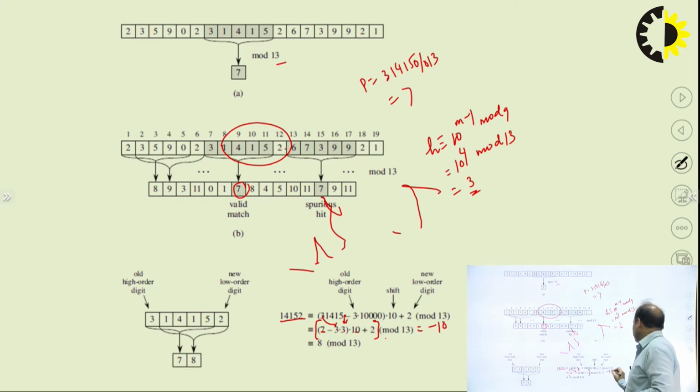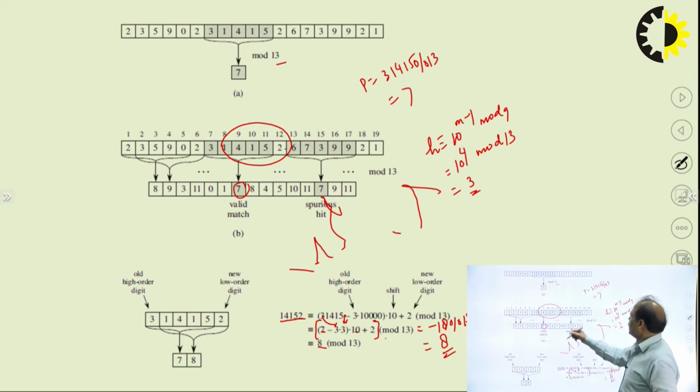So this becomes minus 18 modulo 13. And we know that 13 times 2 is 26, so minus 18 modulo 13 leaves 8. You see, 18 plus 8 goes to the next integer 26, and had it been 26 modulo 13, we would get 0. But it is not 26, so how much less? It is 8, so its value will be 8.